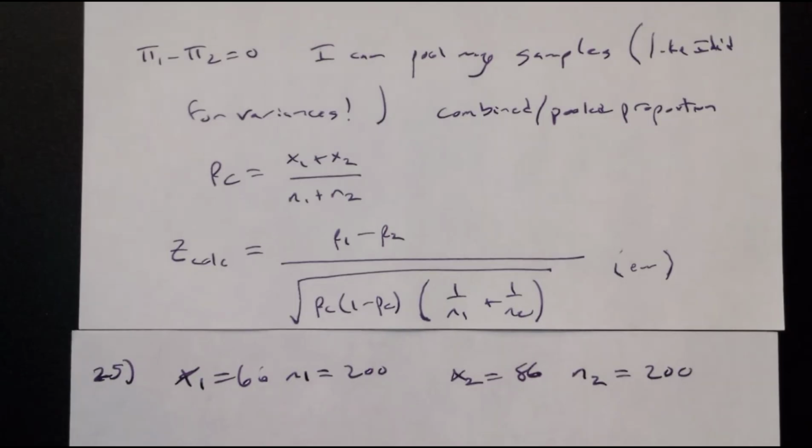Out of 200 shoppers in store, 66 paid with a debit card. The next year, out of 200 shoppers, 86 paid with a debit card. Has the proportion of shoppers changed sufficiently to be statistically significant at an alpha of 0.01?